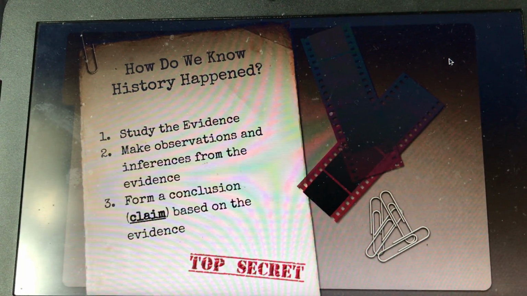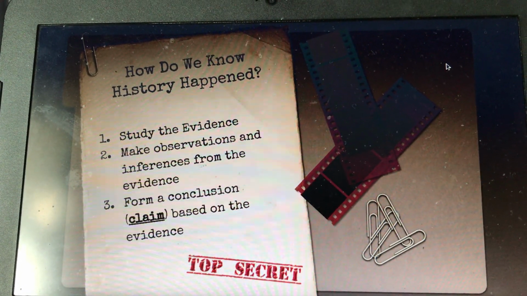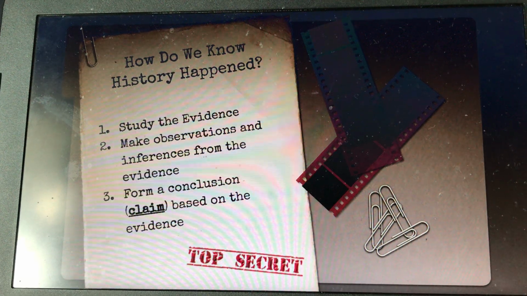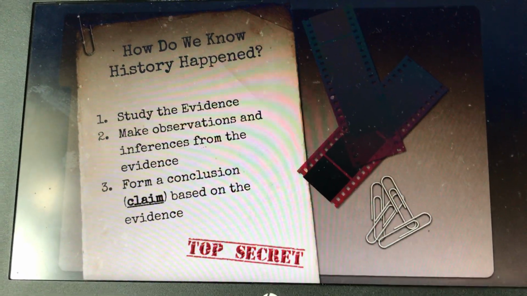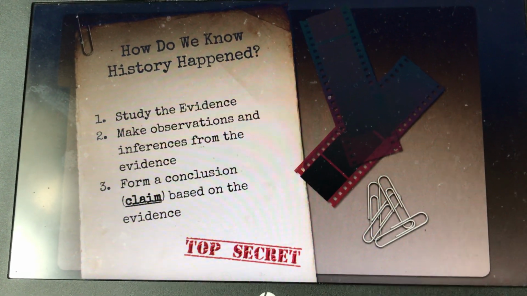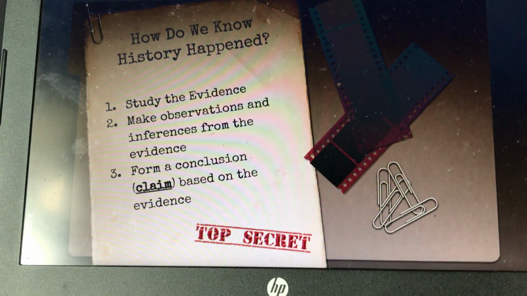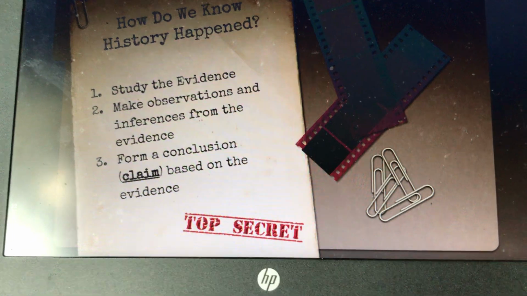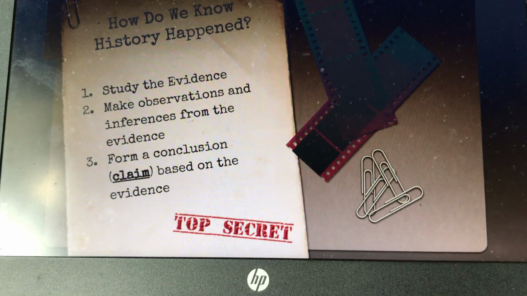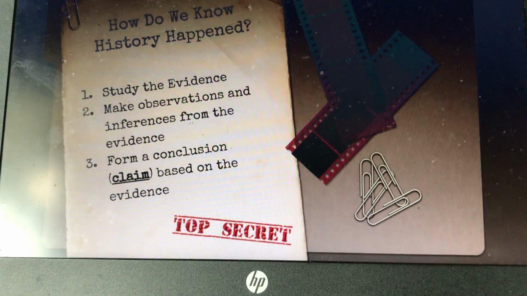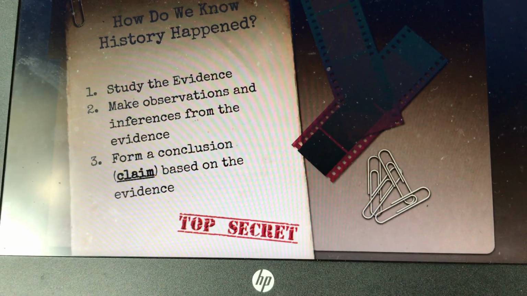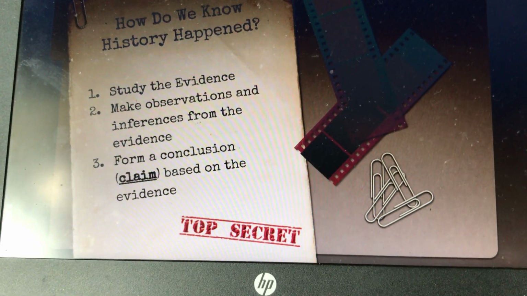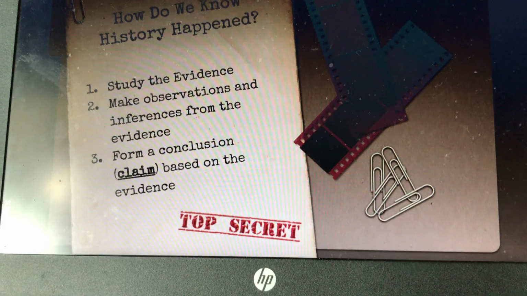Again, our learning target for today and our supporting question is, how do we know that history happened? We're going to study the evidence. We're going to take our eyes and look at what we see and try to make sense of it. We're going to make some observations. As we're looking at the evidence, we're going to record what we see. And then we're going to try to guess, because that's what an inference is.